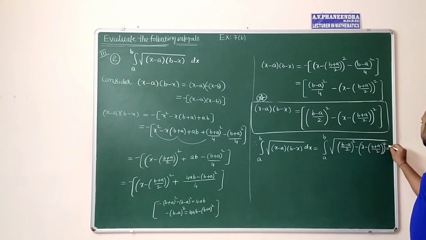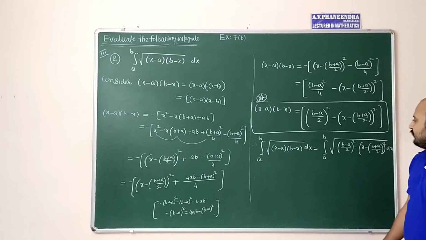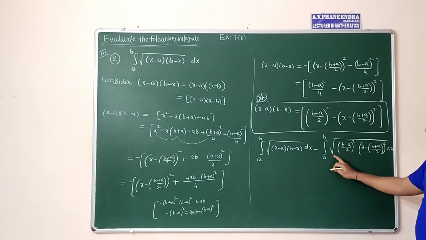Slowly you can do that, you can understand that step by step. I am explaining slowly. Now it is in the form of integral root of a square minus x square.